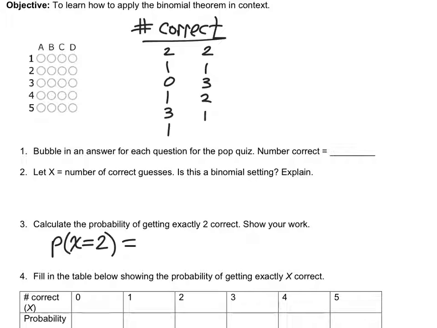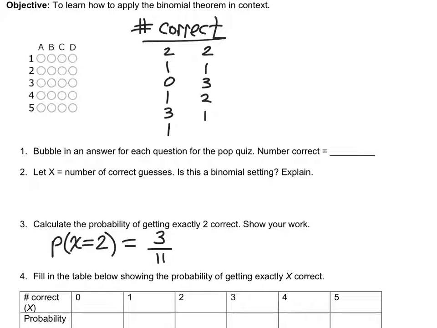So we have 1, 2, 3, 4, 5, 6, 7, 8, 9, 10, 11. And the number of cases in which there were exactly 2 correct answers. Okay, so that happened 3 times. So we would conclude that the probability would be 3 out of 11.